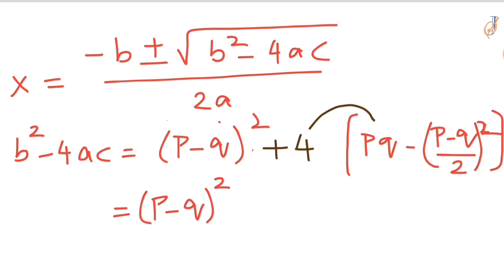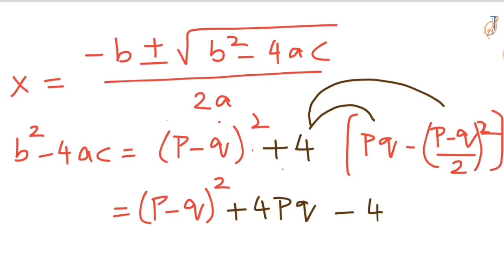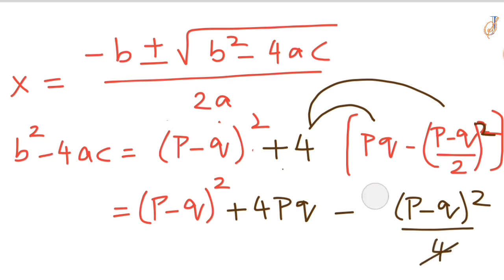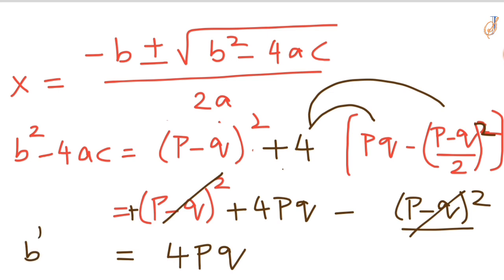After expanding this bracket, we got plus 4pq minus 4 times (p - q) whole power 2 over 2 power 2. So this 2 power 2 is nothing but 4. This 4 gets cancelled. So now we are left only with minus (p - q) whole power 2. Here plus (p - q) whole power 2 and minus (p - q) whole power 2 get cancelled. So then we are left with only 4pq. So b square minus 4ac, the value is 4pq.